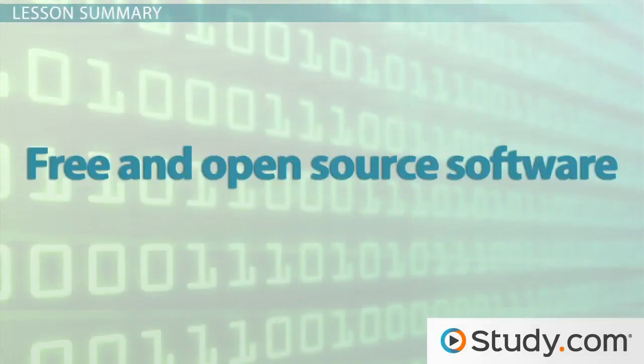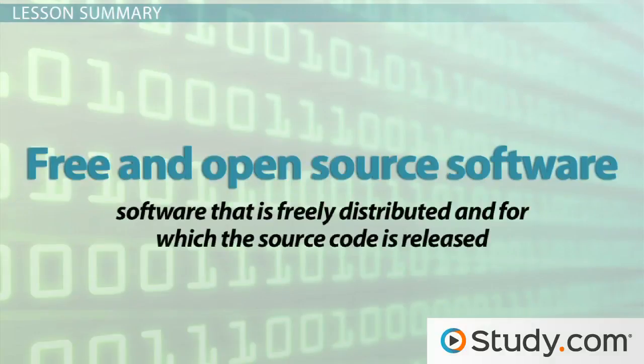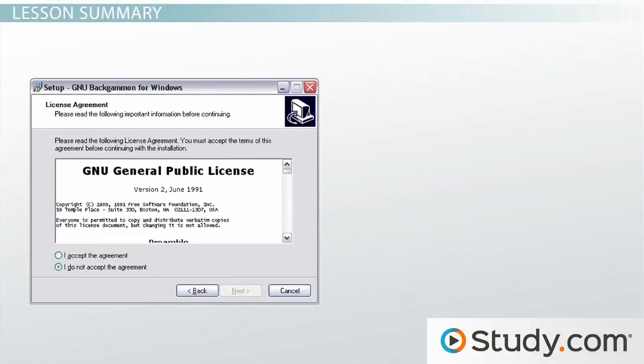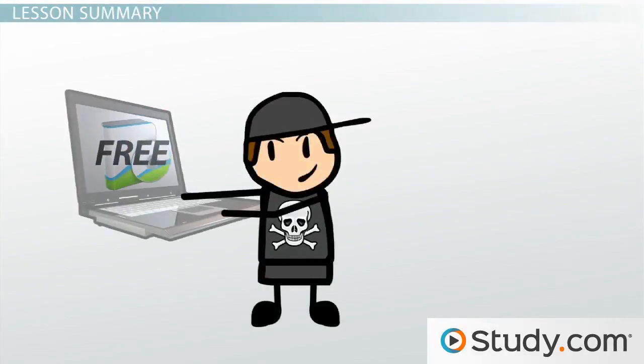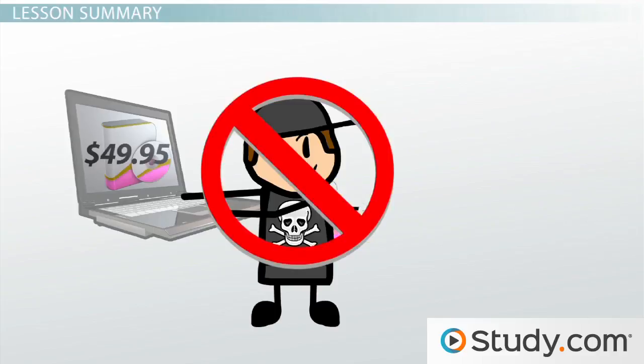Free and open source software is software that is freely distributed and for which the source code is released. The license for this type of software states that you can use, modify, and distribute the software. A typical license also states that any future releases of modified versions of the software can only be released under the same conditions.